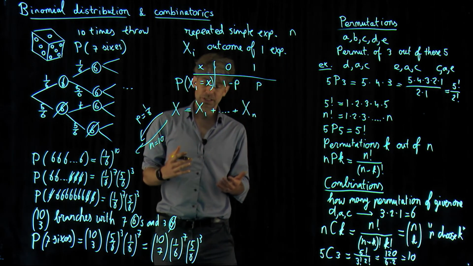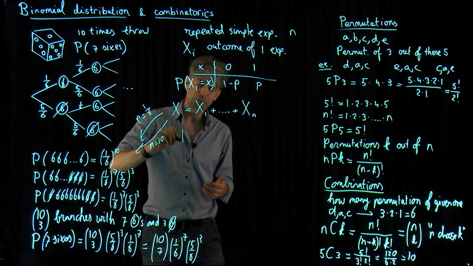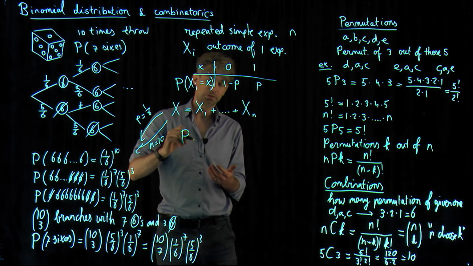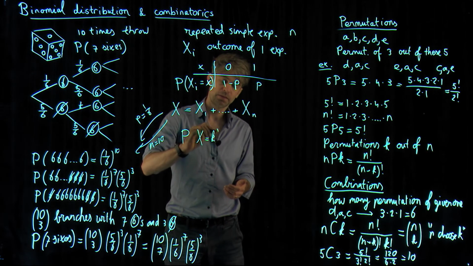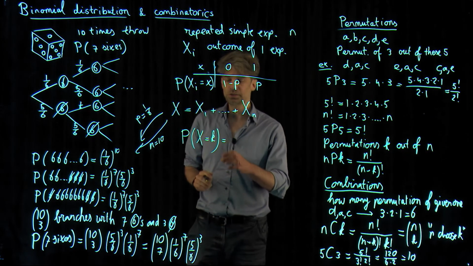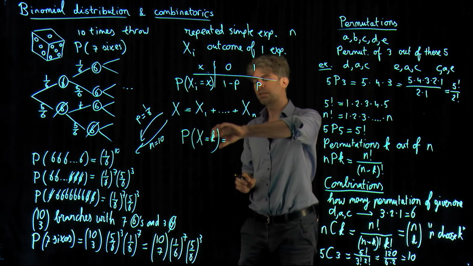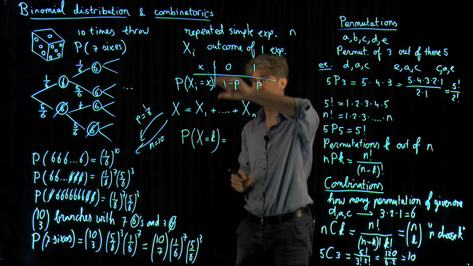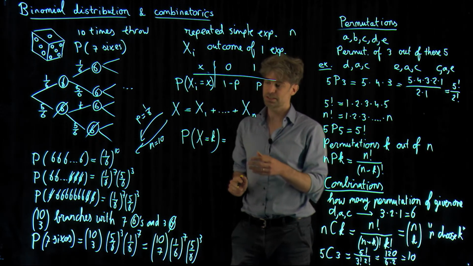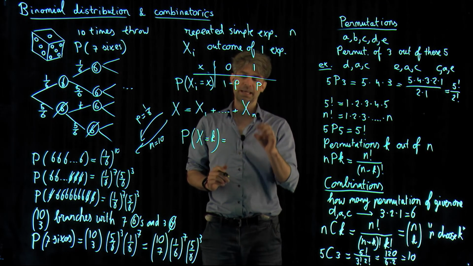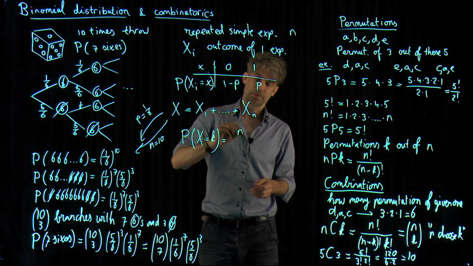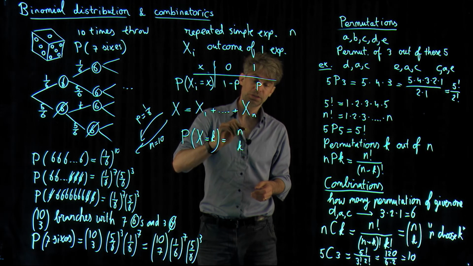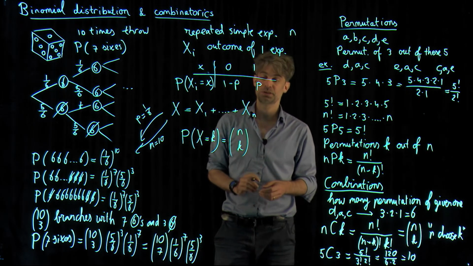And now what you can say in general is that the probability distribution for X is given by the following formula. The probability for k times success in this repeated experiment is, well, you repeat it n times, in our example 10. Then you count the branches in which there are k successes.